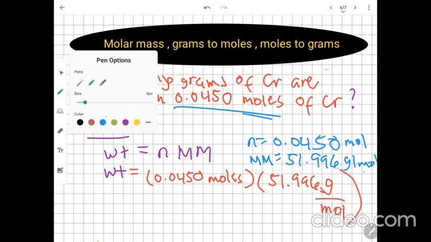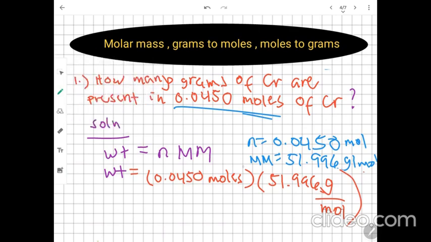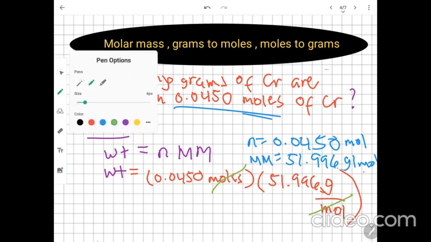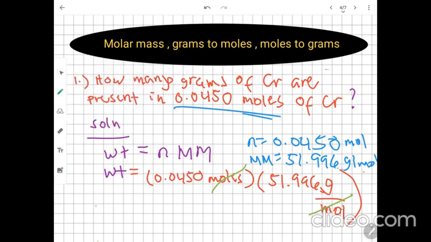With this we can now cancel the moles, and we are left with only the unit grams. So let's calculate. That is 0.0450, times 51.996. The answer here, the weight or your mass, or how many grams, take note that the unit for your weight is grams.